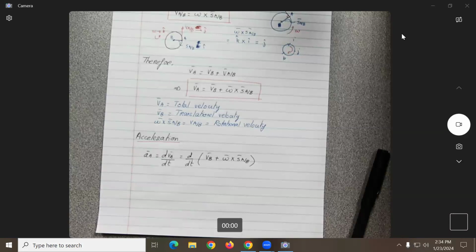Correct? Now, what about rotation? You have clockwise or counterclockwise. Okay, but that's fine. It's one way or the other, but what is the other one? If you have, let's say, a knot attached to a string and you turn it around, what's happening to the knot? Tangential and centripetal. Correct. So in other words, if you cut the string, it's going to move tangentially, but there is tension on the string because of the normal or centripetal acceleration.